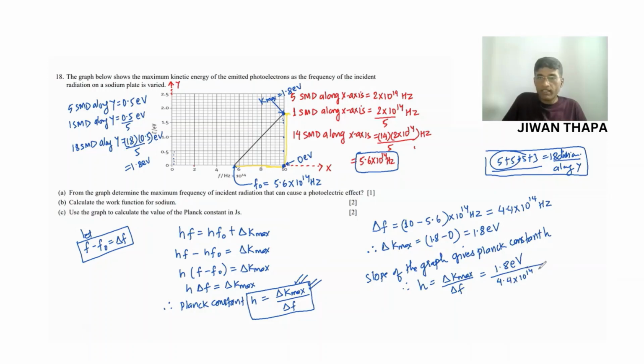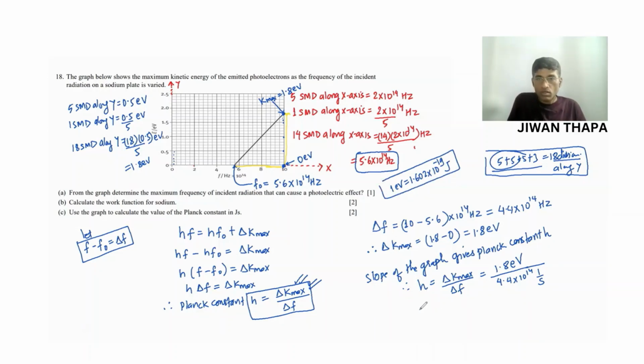Now, because we want Planck's constant in joule second, we know 1 electron volt is 1.602 into 10 to the power minus 19 joule.